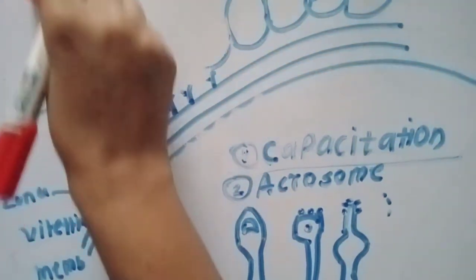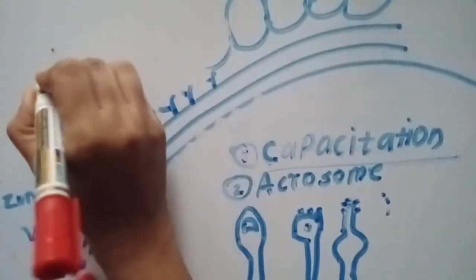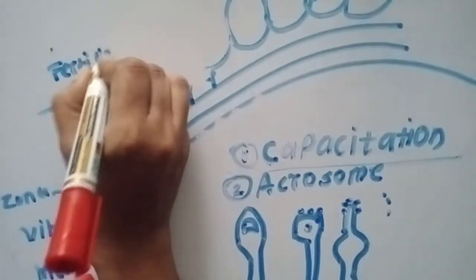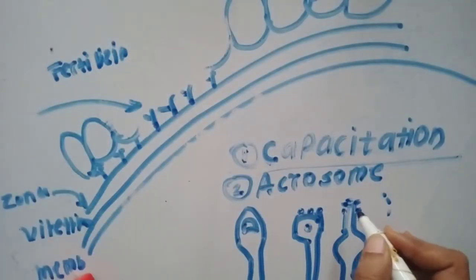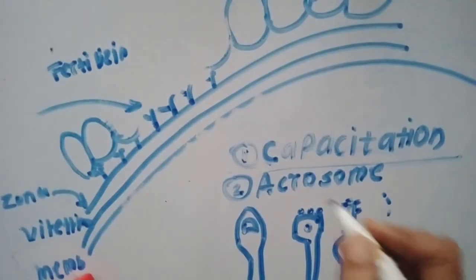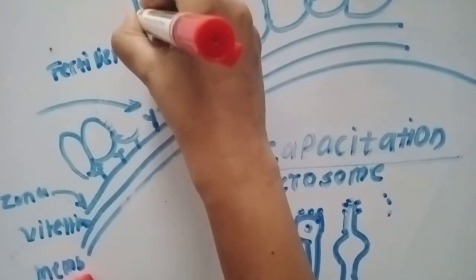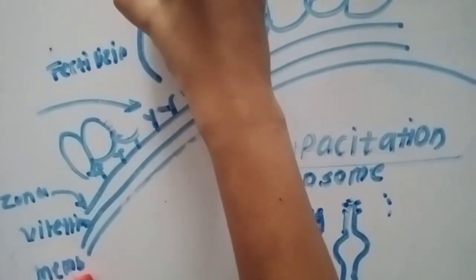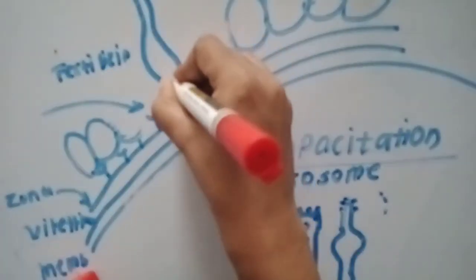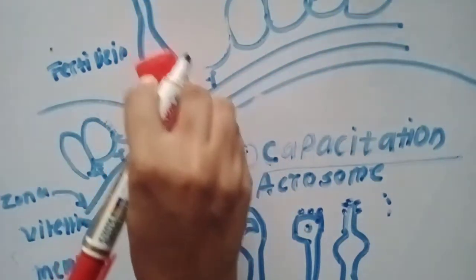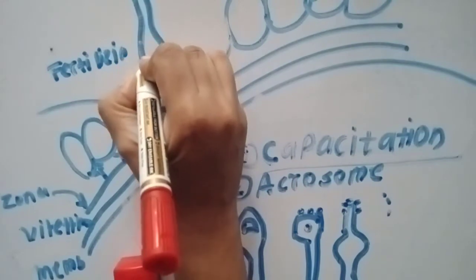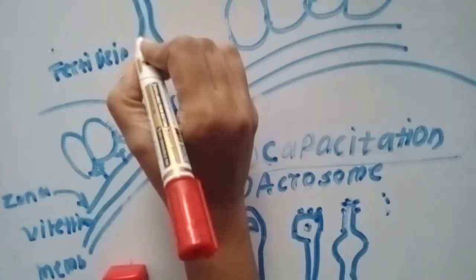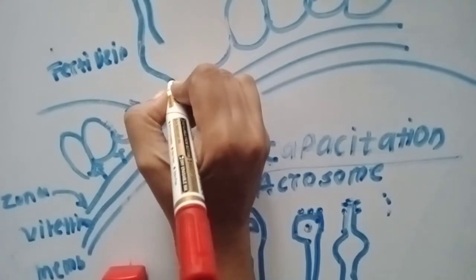The receptors are called fertilizing receptors, and the proteins present on your sperm are called anti-fertilizing proteins. Because of these, it is a compatibility reaction. This is called a compatibility reaction because this reaction is species specific.